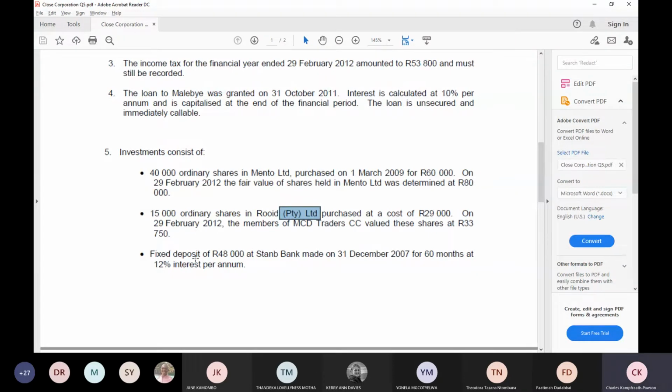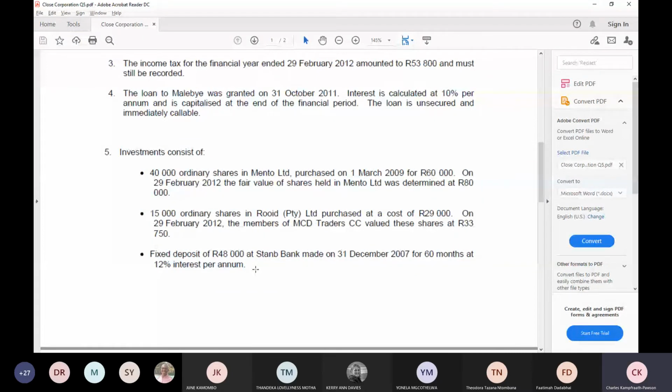And then fixed deposit of 48,000 at Stand Bank made on the 31st of December 2007 for 60 months at 12% interest. A fixed deposit is always a current asset because it's something that you can immediately call upon. And then you must just adhere to the fixed deposit waiting rules. Everybody happy?